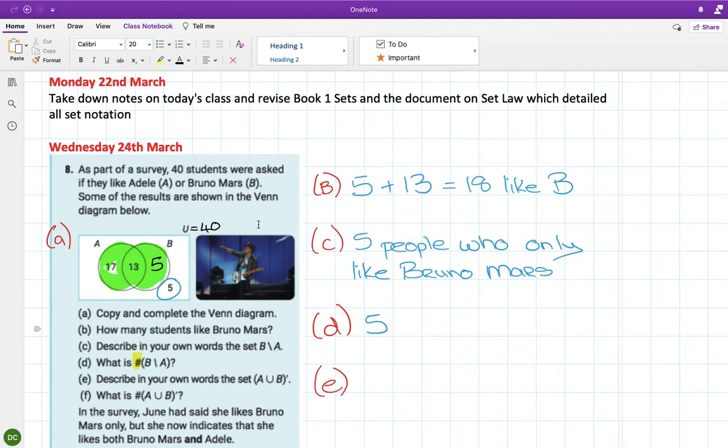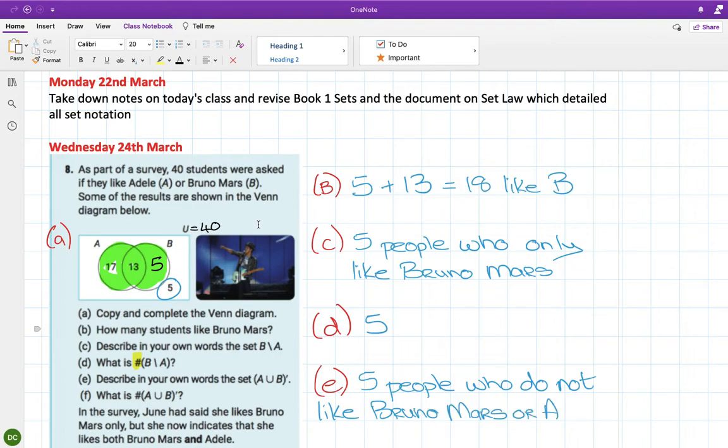So they are the 5 people who do not like Bruno Mars or Adele. And the next one is the cardinal number of that set, which I've just done again, included it. So there's 5 people. Yeah?